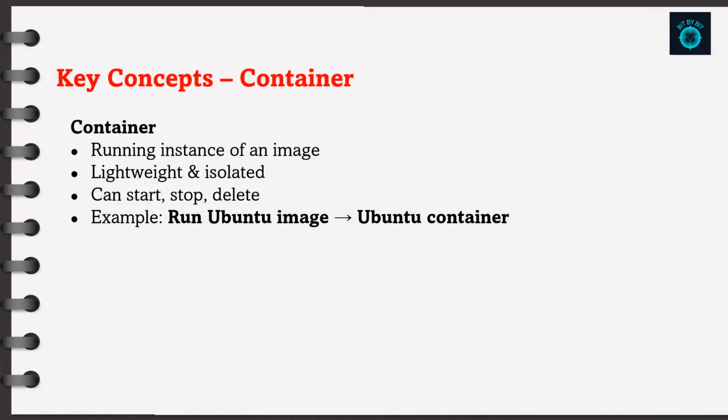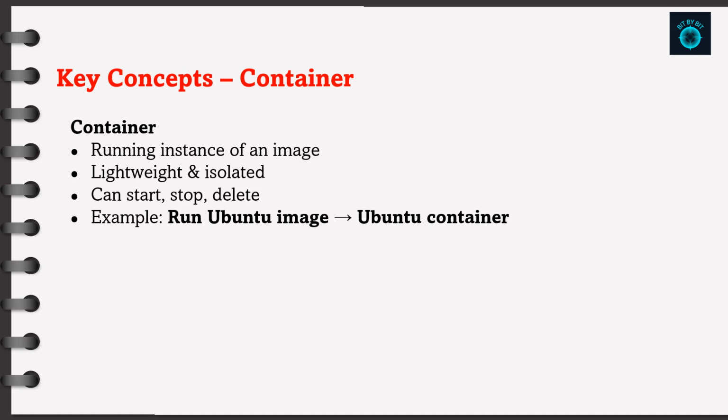Key concepts. Container. Now let's talk about container. A container is the running instance of an image. If the image is the blueprint, then the container is the actual house built from that blueprint. When you run an image, Docker creates a container. Containers are lightweight and isolated, which means they don't affect your main operating system.